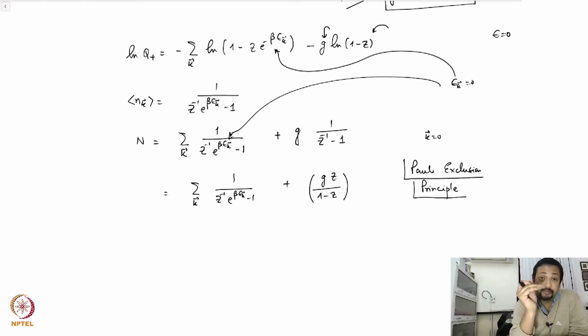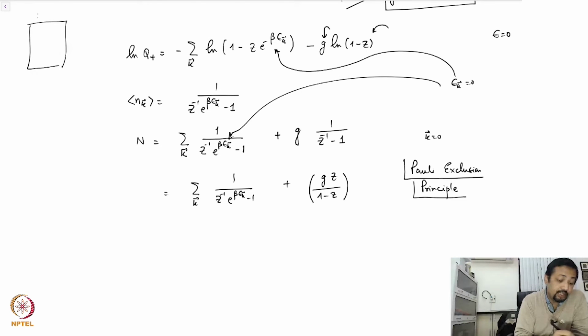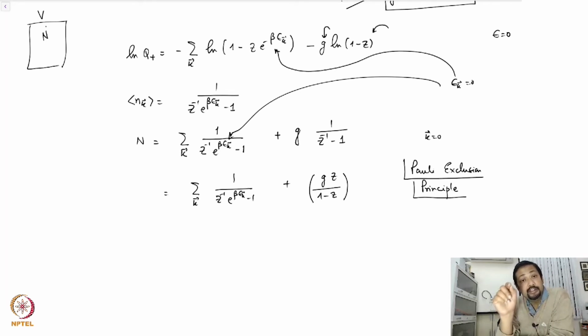In a fermionic system, even if you have a large volume V and a particle number n, the Pauli exclusion principle tells you that you can only have one particle in that energy level. So you are at most ignoring one out of n. But bosons do not have that. For bosonic particles, more than one particle can sit at any energy level. So if you do not have sufficient thermal excitation to excite the particles to higher levels, all of the particles would like to sit at lower and lower energy levels.